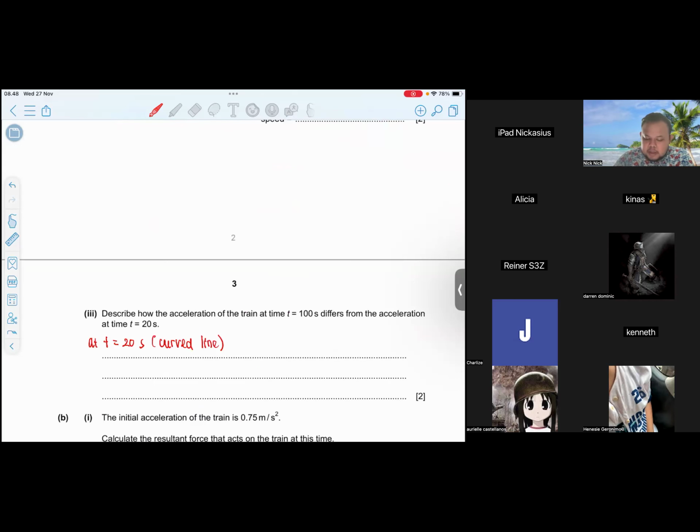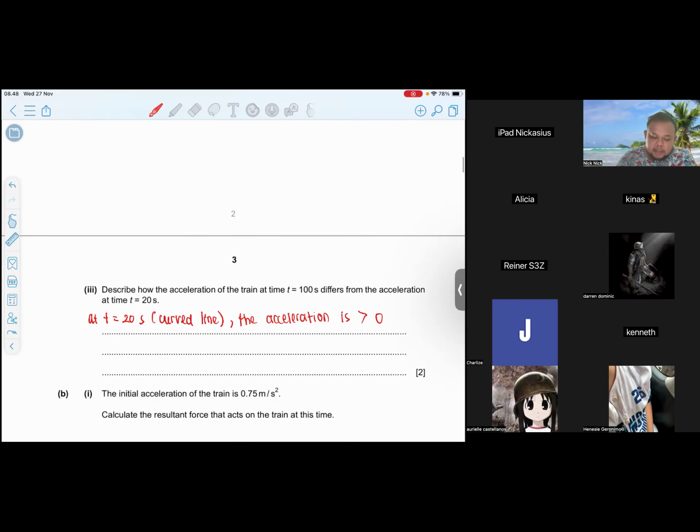Because it is a curved line, the acceleration is bigger than zero. Or we can say that acceleration is taking place, or greater acceleration, at 100 seconds. Or a straight line.